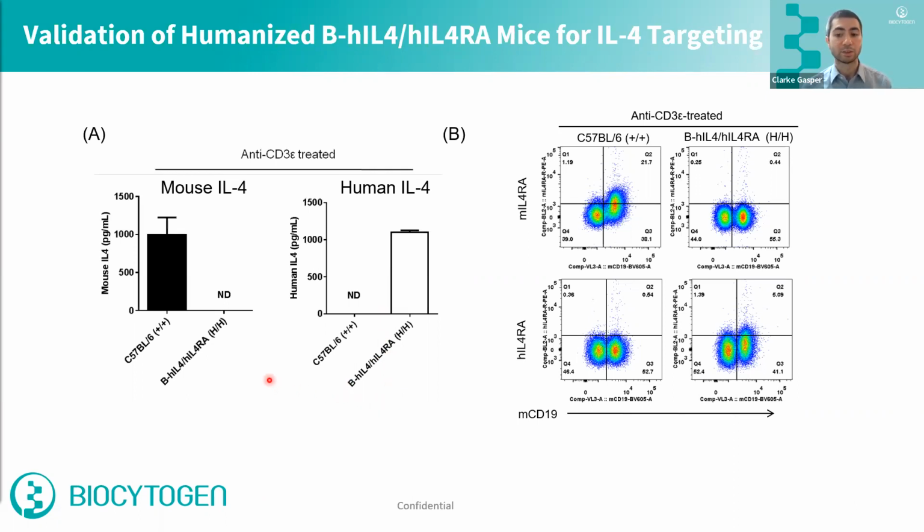The black 6 mice only express mouse IL-4, while the homozygous humanized mice only express human IL-4. We also ran a flow cytometry analysis, and stimulated T cells isolated from the humanized mice only express human IL-4 receptors on their surface.